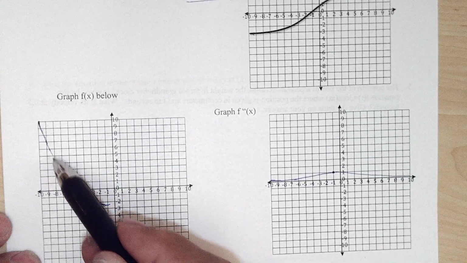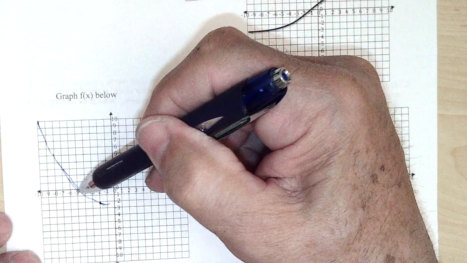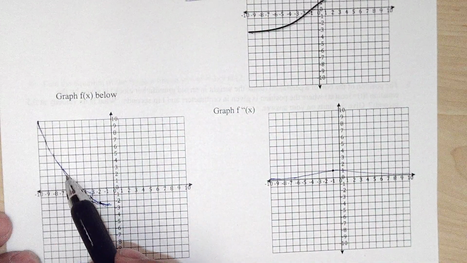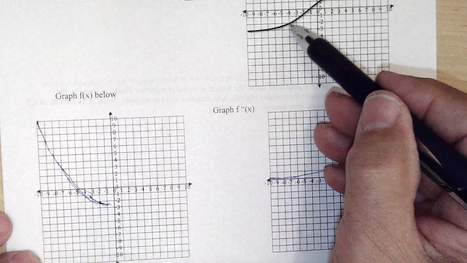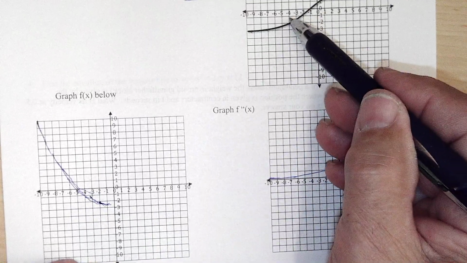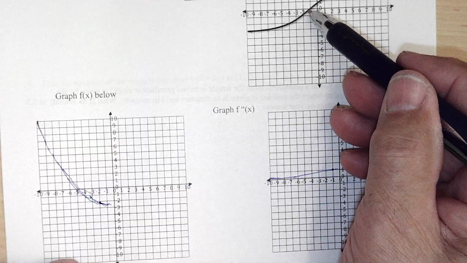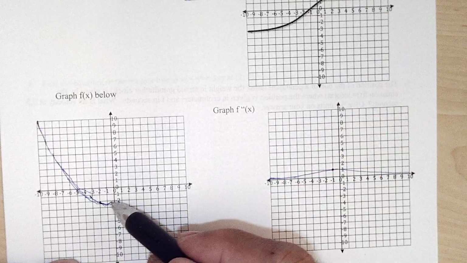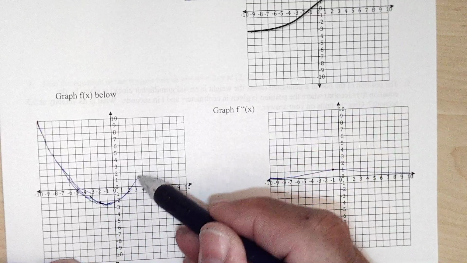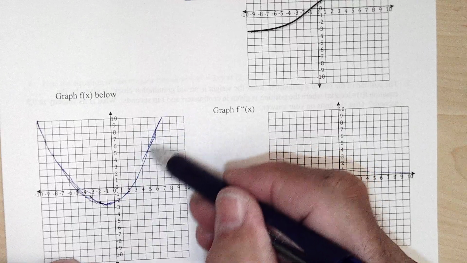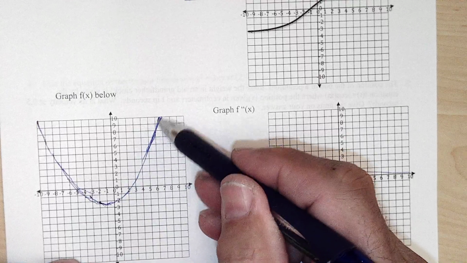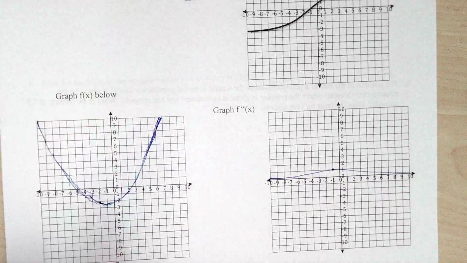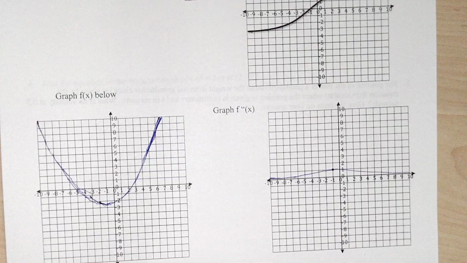It stays close to -3 for a while, and then slowly goes back to 0 in the last few units. Then it goes positive and gets as steep as +3. So it's probably going something like this. This could be up or down from that, but that's roughly the idea of this graph.